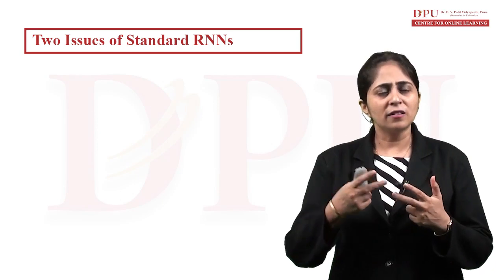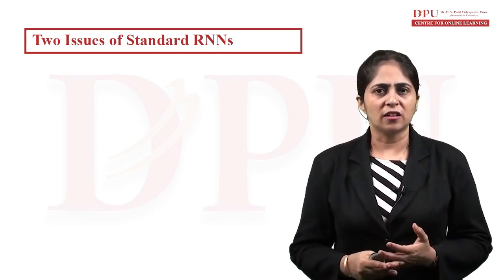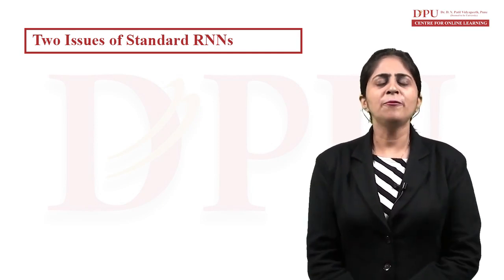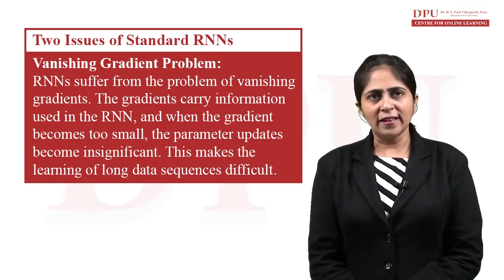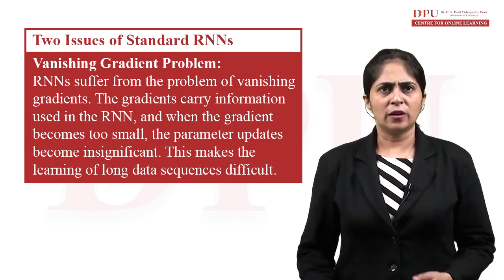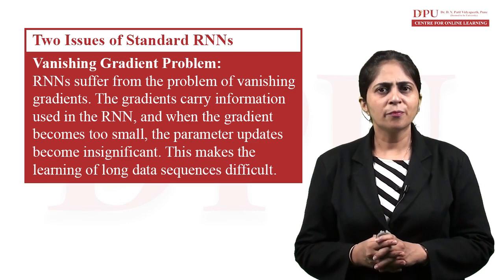These are two issues which are just the opposite of each other, and our recurrent neural network definitely faces these two kinds of issues. The first one is the vanishing gradient problem. A recurrent neural network suffers from the problem of vanishing gradients.